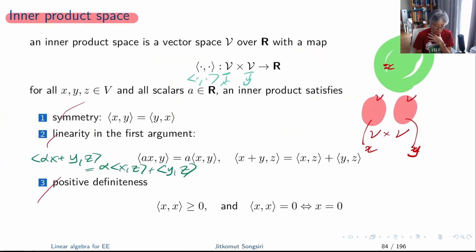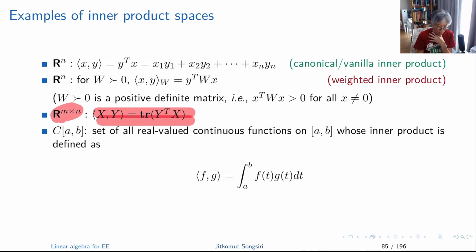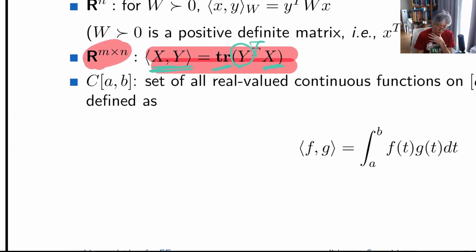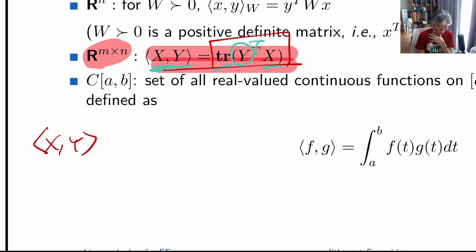So if I apply the concept of inner product, I say, how about I use the inner product of x and y as the trace of the second argument transpose the first argument. I hope it's not hard for you to see that.